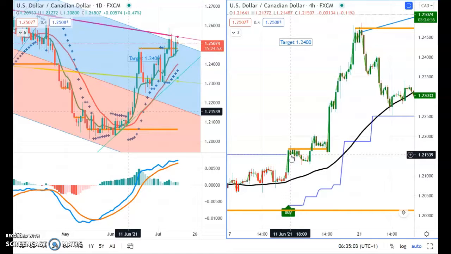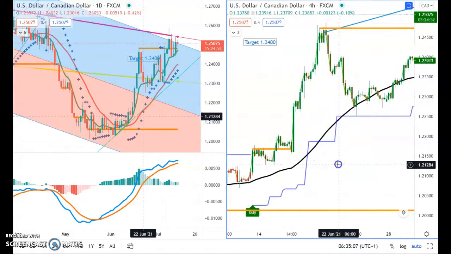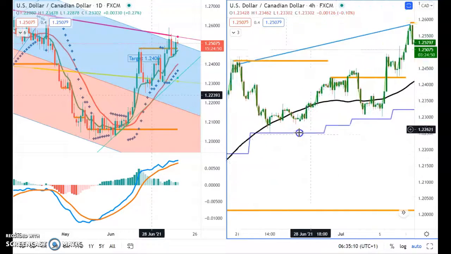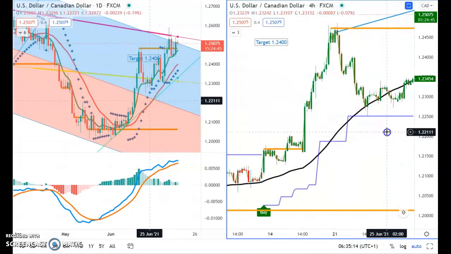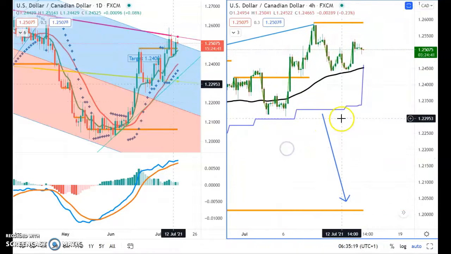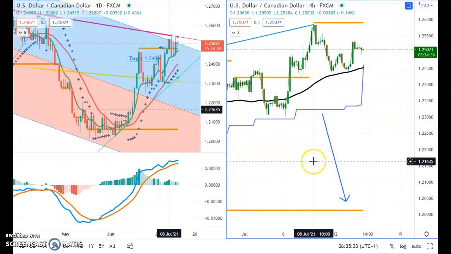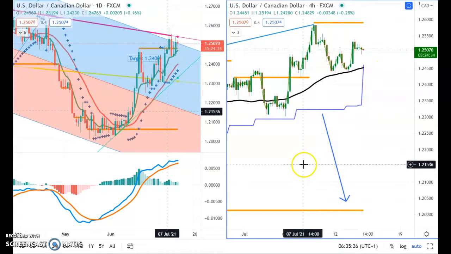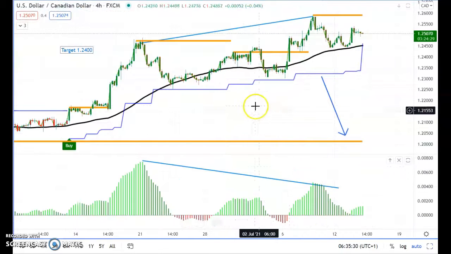Daily would have agreed with that diagnostic, and you would just simply trail your stop with the blue line, which is the support line. What was the number? 121.50. Now 125.07, with very large negative divergence.